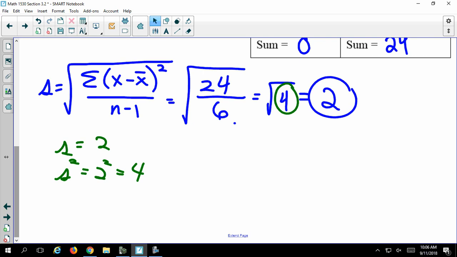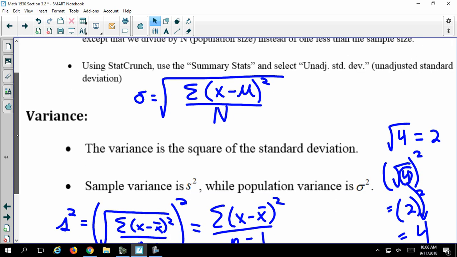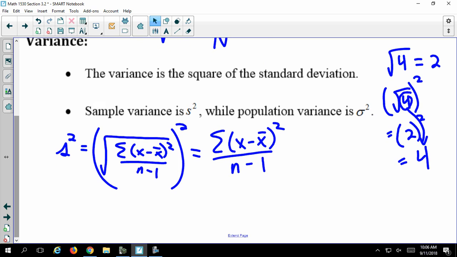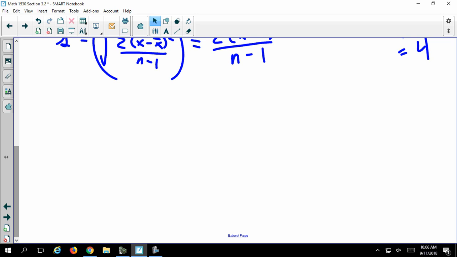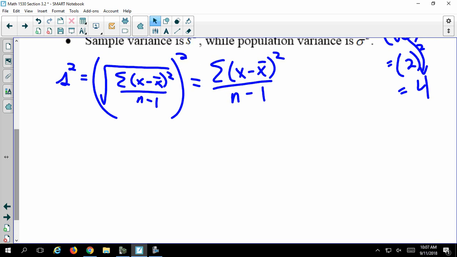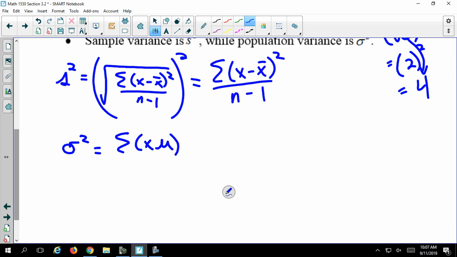Go back to that slide. Yep. I need to add to this. So sigma squared would be just this part, right, without the square root, because the square and the square root cancel each other out.